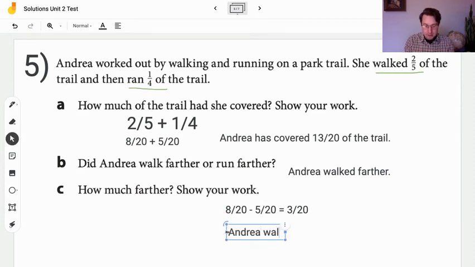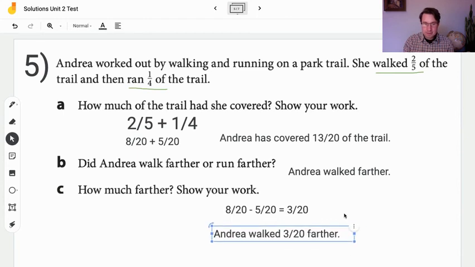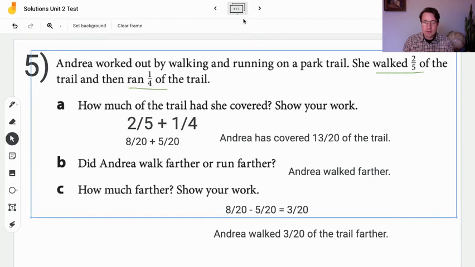Andrea walked 3 20ths farther. And then you can write farther than running, but you don't need to, because that answers 3 20ths. I guess I'm going to change that too. Of the trail. That's your unit, trail. Okay, keep going.